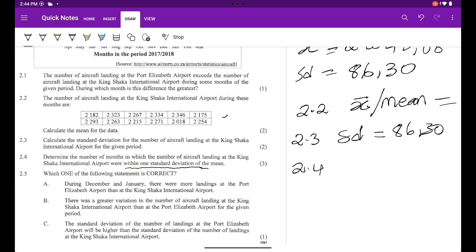In this case, we take our mean and subtract the standard deviation, and then we take it again and add, so that we can have boundaries.